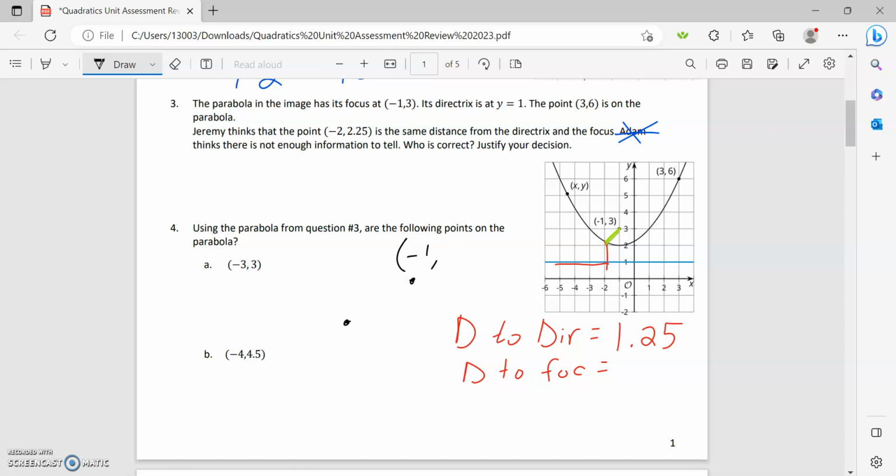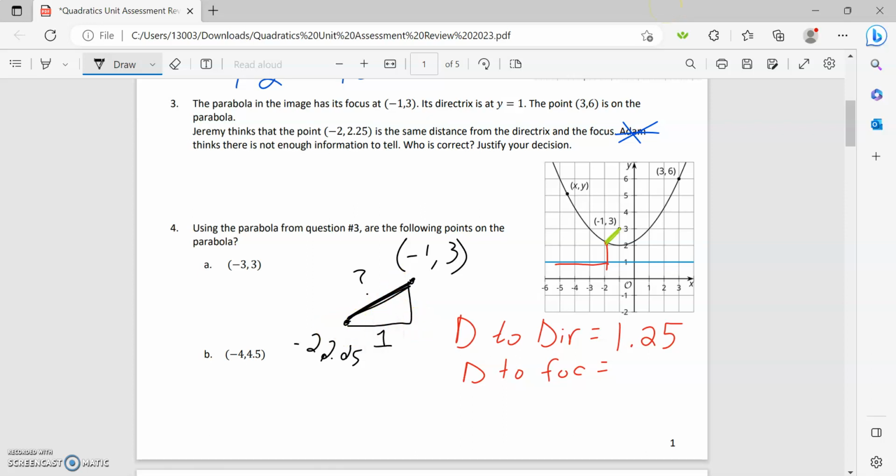There's 3, and that's negative 2, 2.25. So what I'm looking for is my distance across. I can make a triangle and solve for the hypotenuse with the Pythagorean theorem. From negative 2, 2 1/4 to negative 1, 3, in the x direction I went from negative 2 to negative 1.